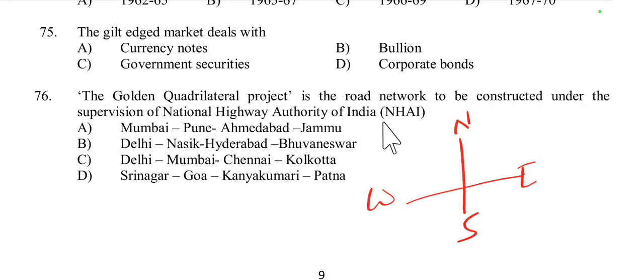The Golden Quadrilateral project connects Delhi, Mumbai, Chennai and Calcutta, covering east, west, north, south. So option C is right here. It is called the Golden Quadrilateral Project.